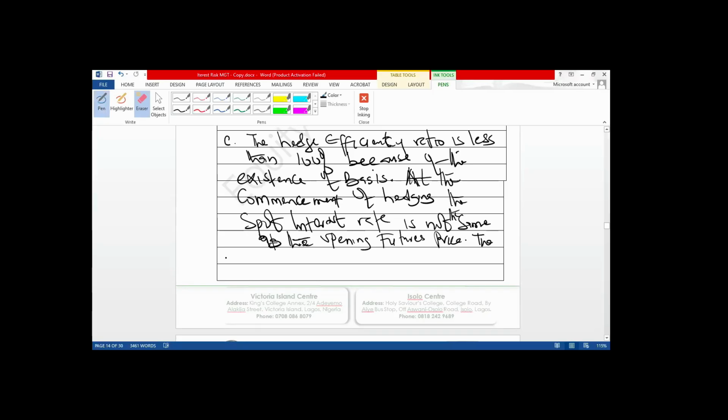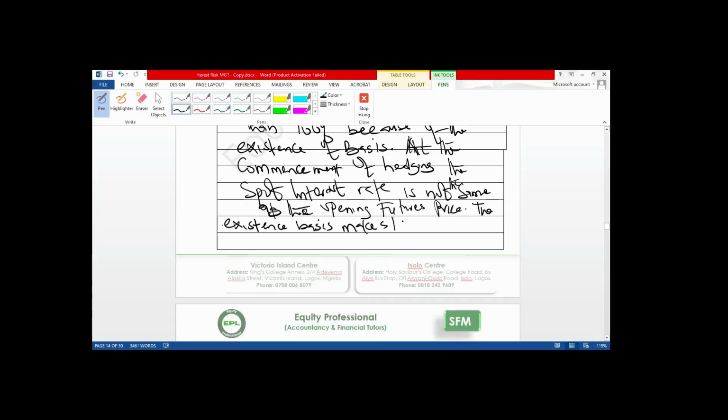The existence of basis makes the hedging to be less efficient. That is the expected response.